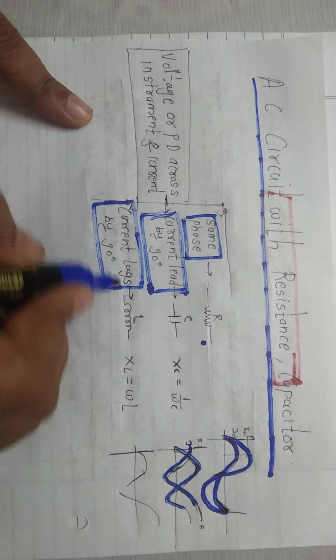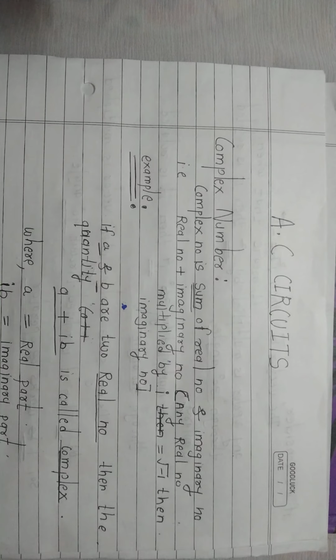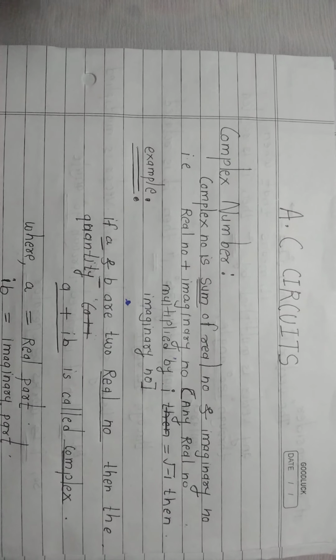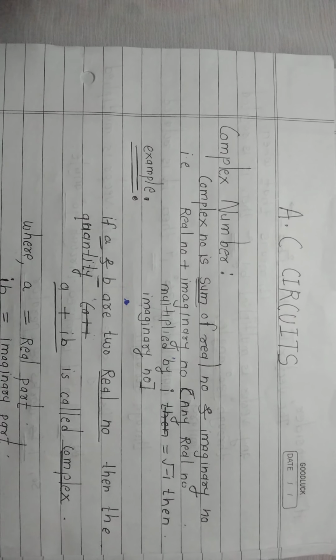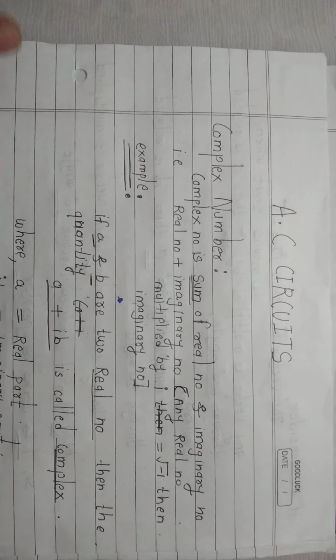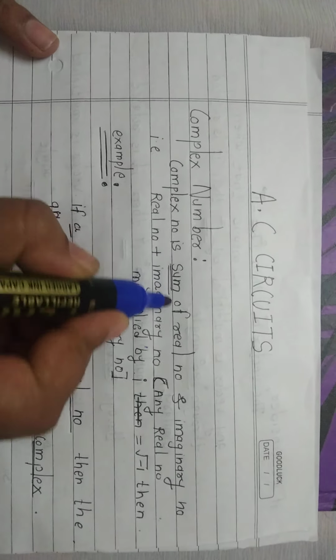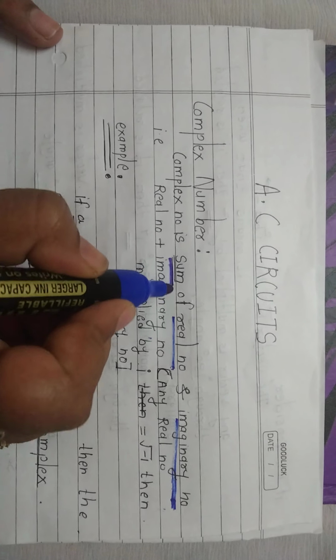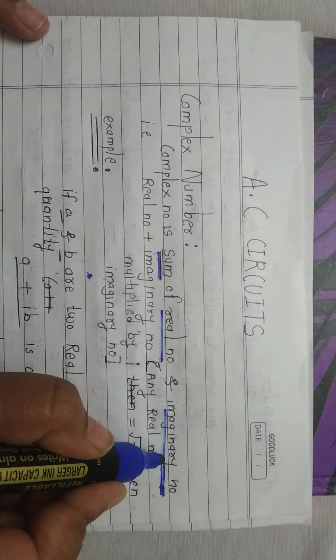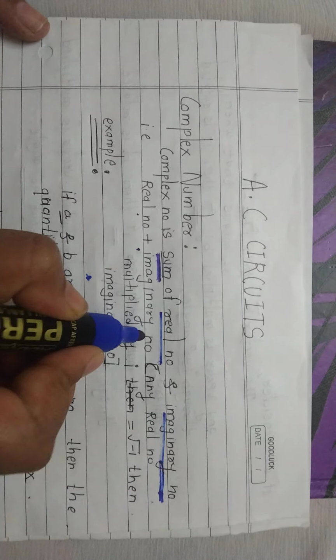Let us start the AC circuit with complex numbers and their application in solving AC series LCR circuits. So we need complex numbers. A complex number is the sum of a real number and an imaginary number, meaning real number plus imaginary number.